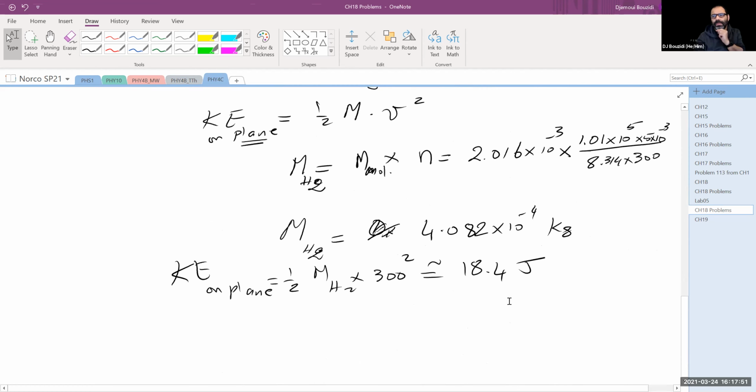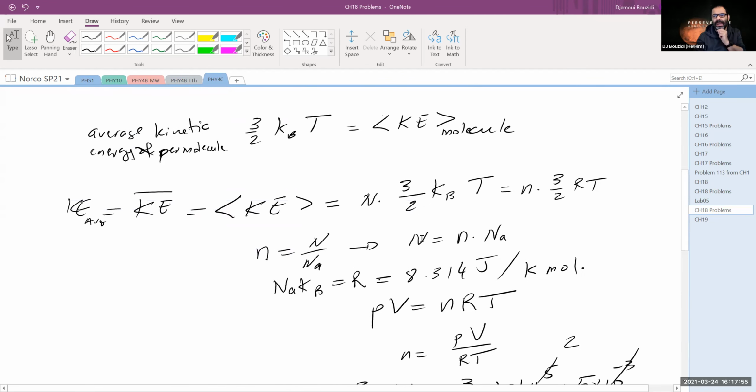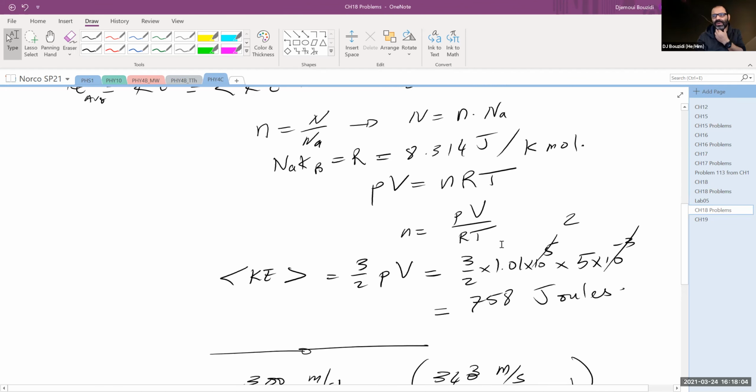It's not exactly Avogadro's number. You have to divide by the actual n, which is less than Avogadro's number, because this number looks like it's somewhere around there. I didn't do the calculation for n exactly. We need to know how many moles we're talking about. We didn't really need the number of moles because we canceled it everywhere.